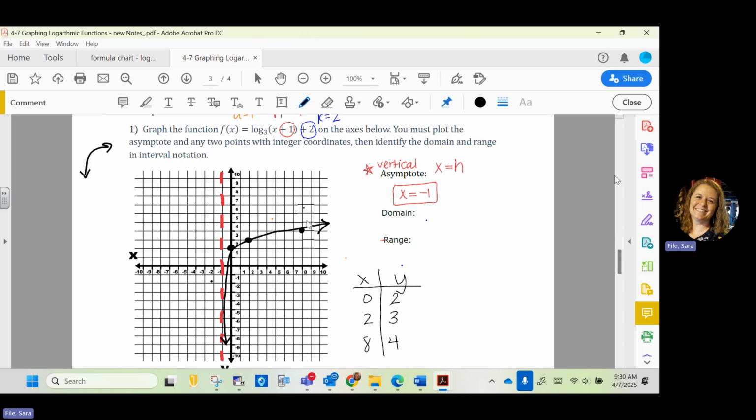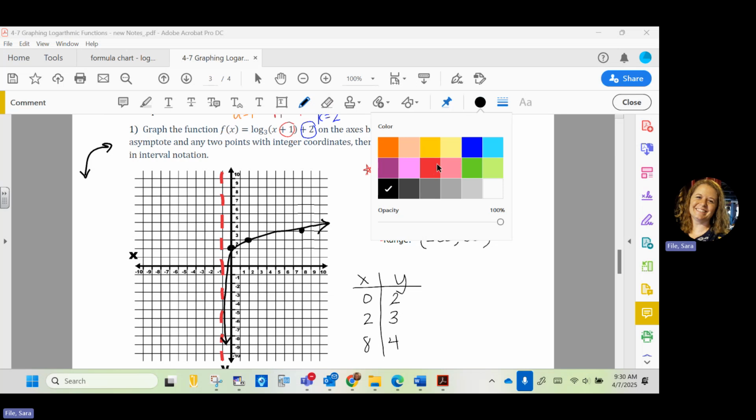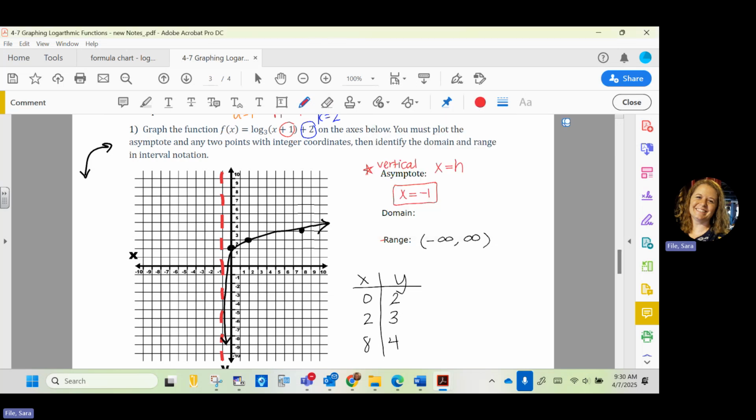Now my domain and range never changes. If it's a log, your range is all real numbers, negative to positive infinity. Now, the domain is dependent on that asymptote. So my domain is going to vary based on the location of the asymptote.